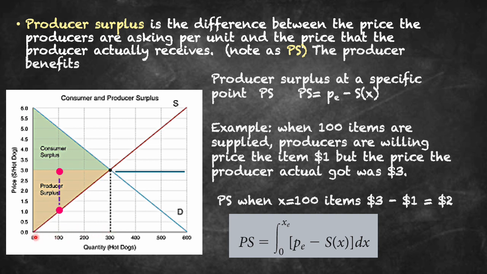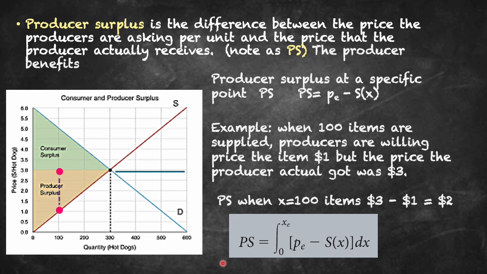We look at what values that would cover for x, and we would go from 0 to whatever the x value is for the equilibrium point, and then we would take the upper function and subtract the lower function. The upper function in this case is 3, but generally speaking, this would be the market price. And then you subtract the supply function. This is the integral we're going to use if we want to find the accumulated area.